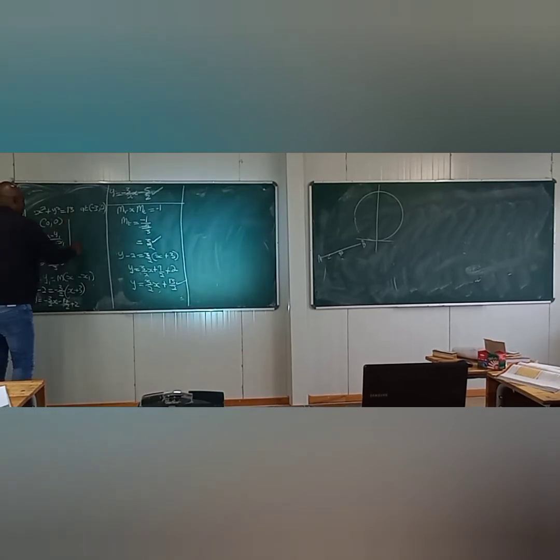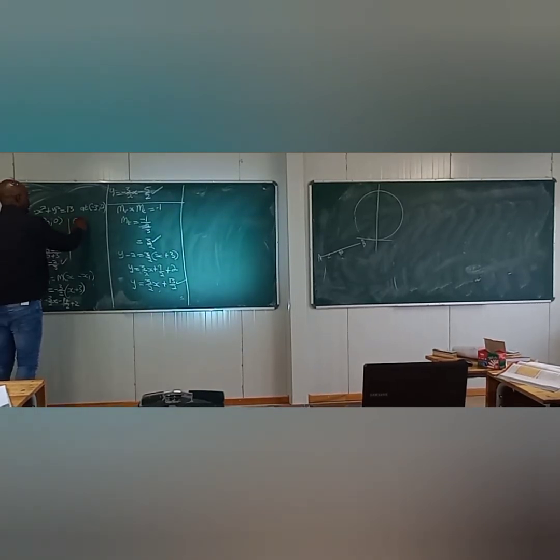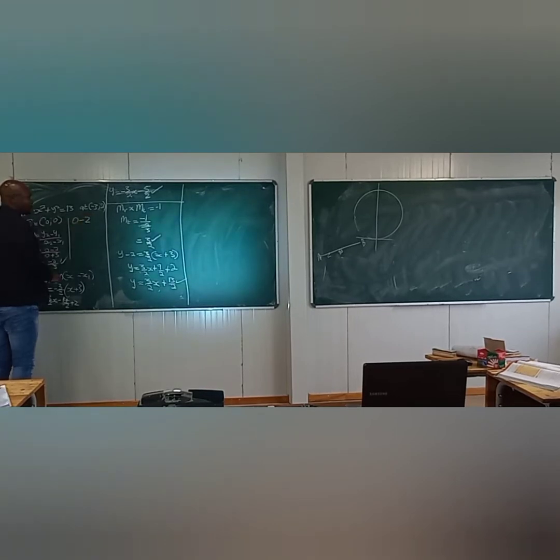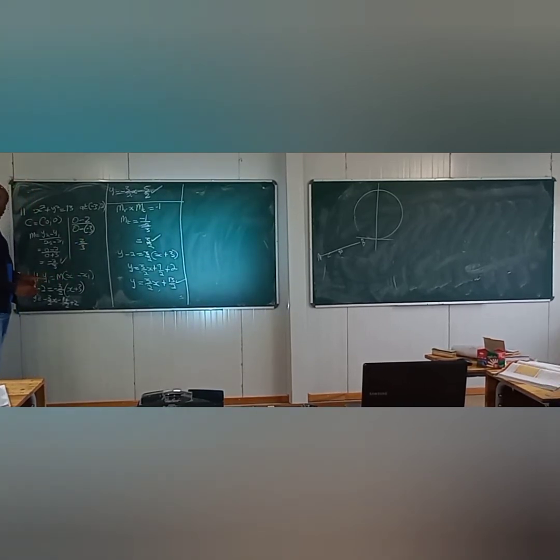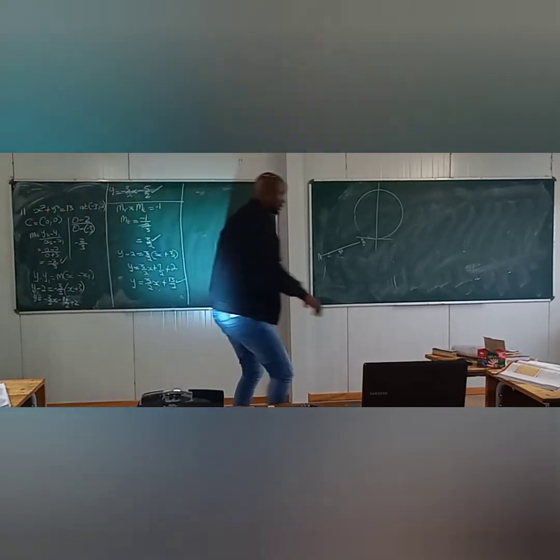The gradient here is 0 minus 2 over 0 minus 3, which equals -2 over 3. Or literally 3 over 2 instead of 2 over 3. Oh, okay, 3 over 2.